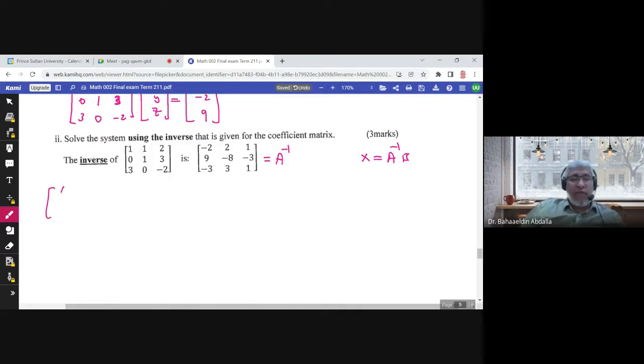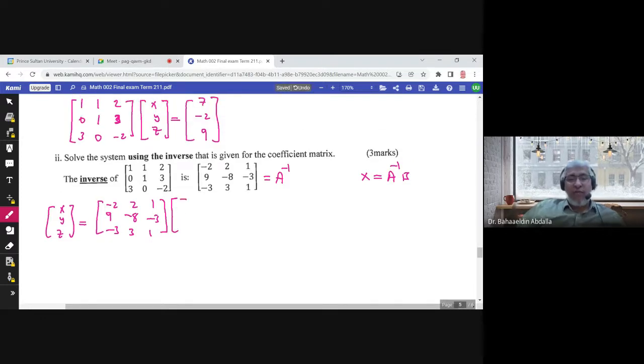So X, which is x, y, z, would be A inverse, which is negative 2, 9, negative 3, 2, negative 8, 3, 1, negative 3, and 1, multiplied by the constant matrix, which is 7, negative 2, and 9. And use the calculator to multiply. Negative 2 times 7, that's negative 14, minus 2 times 2, minus 4, plus 9.